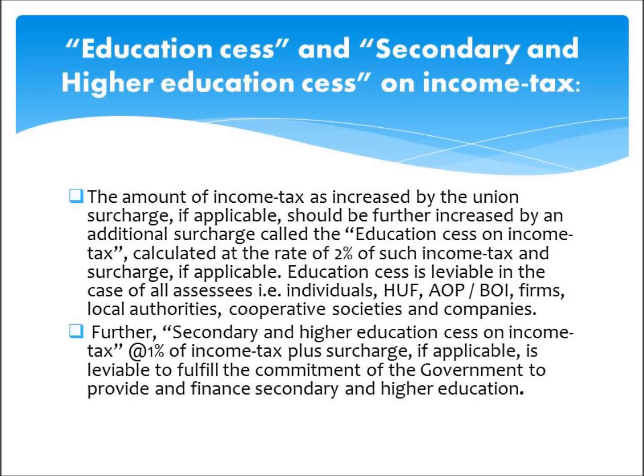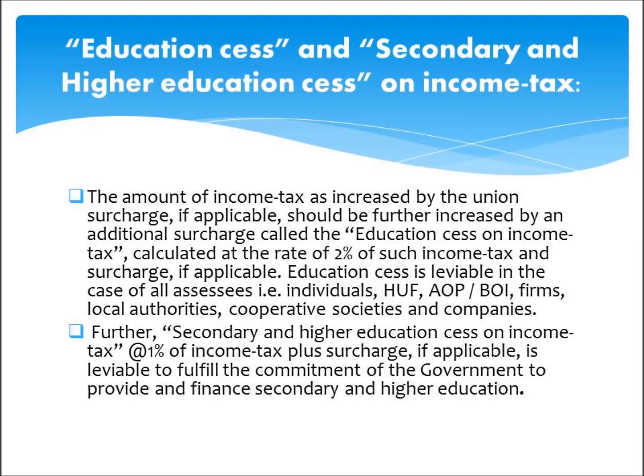So a total of 3% education cess is levied after applying surcharge. This is a type of additional income tax after surcharge. Education cess and higher education cess are payable at the rate of 2% and 1% respectively.